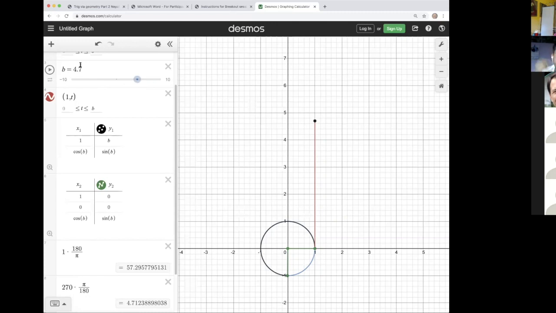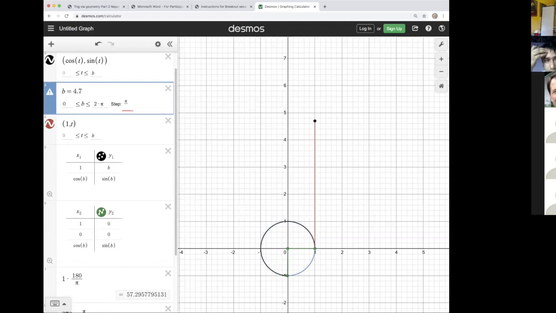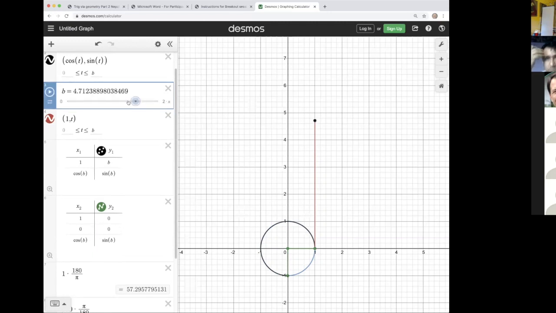I could rewrite this and use fractions of pi for my B value. I could click in here and say, I want to go from 0 to 2 times pi, in steps of, let's say, pi divided by 24 or something like that. And then it would let me get to this number.